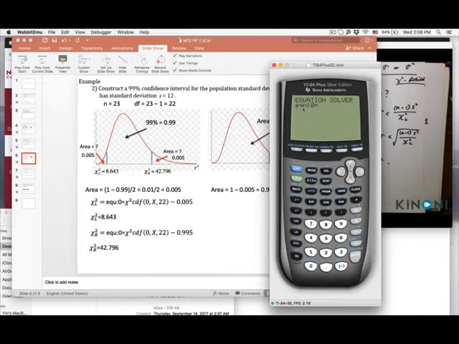Okay, you should see the equation 0. Then go on second, VARS, go down for the chi-square CDF, starting from 0, comma, x, comma, the degree of freedom, that will be 22. Okay, minus the area from the left, that's 0.005.